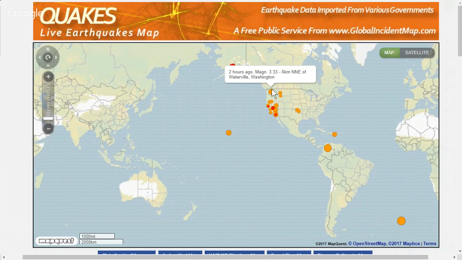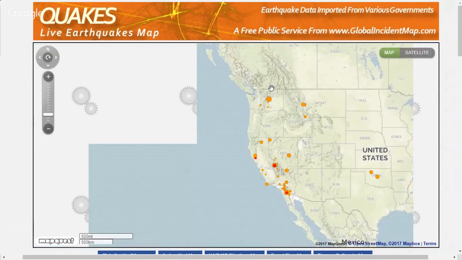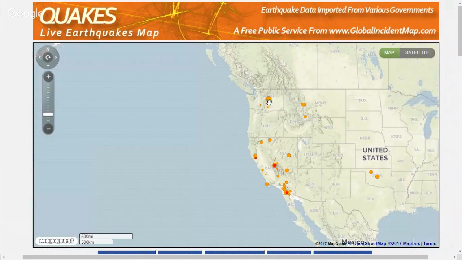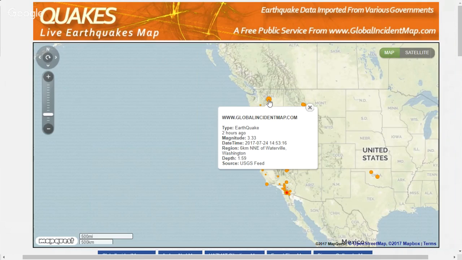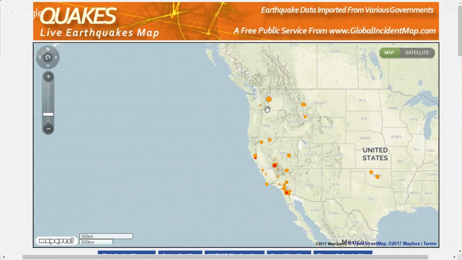And what's happening up here in Waterville, Washington, a magnitude 0.333. That was right on the surface. How could that even be possible? Unless that was some kind of a blast. Well, we sometimes get surface currents that can lead to a bit of shaking on the surface.